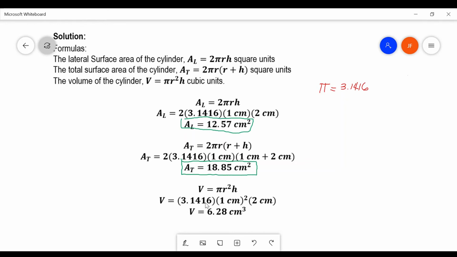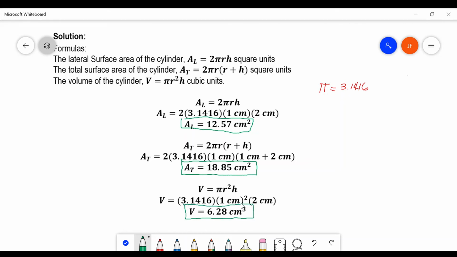Any volume is expressed in cube or cubic units. So the volume of our cylinder being discussed here is 6.28 cubic centimeters, or centimeter cube.